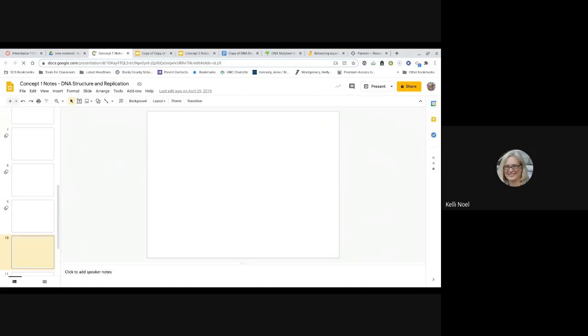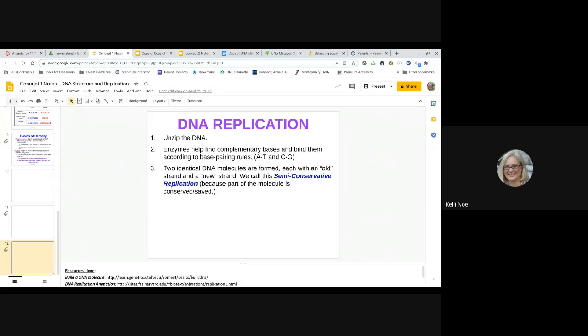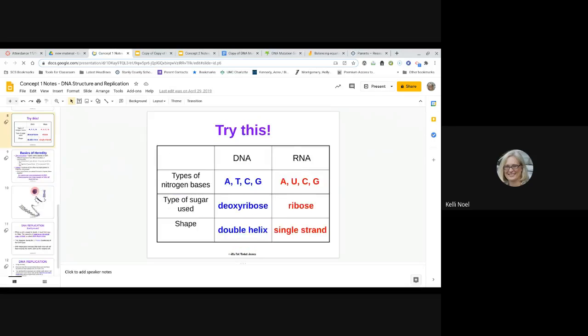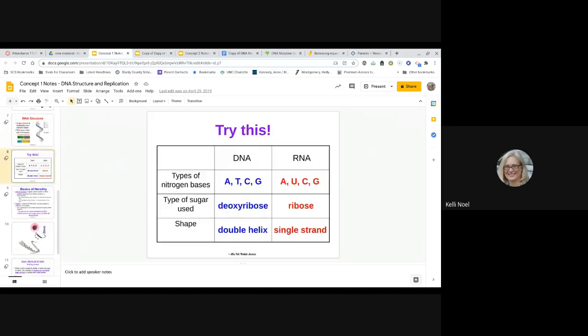The very end was a chart. Right here. So, double helix. What else? What type of sugar does it have?